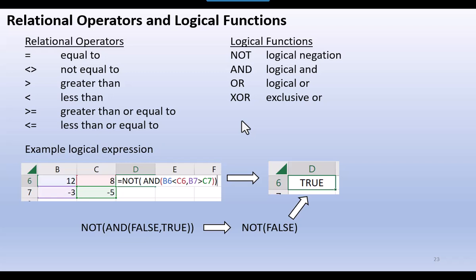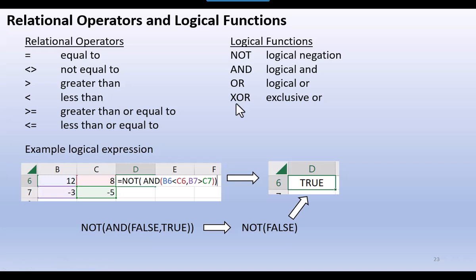So the relational operators, where you compare two things and get a result, are the equal sign for equal to, the less than, greater than pair for not equal to, and then the typical ones for greater than, less than, greater than or equal to, and less than or equal to. And then the logical functions are not, and, or, and exclusive or.